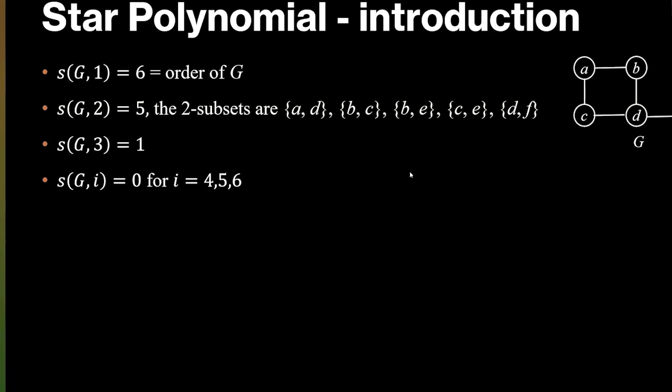In a similar way, there are exactly 5 different K_{1,2} subgraphs with distinct vertex sets. For s(G,3), it is equal to 1 because there is only one vertex of degree 3, and there is no s(G,4), s(G,5), s(G,6), because the maximum degree is only 3.